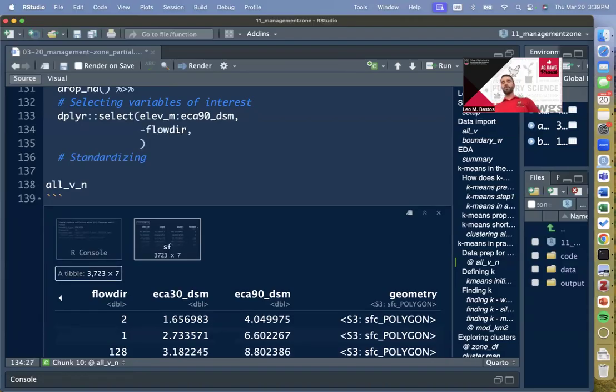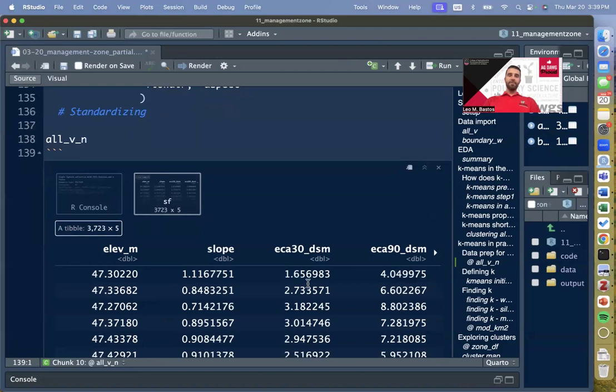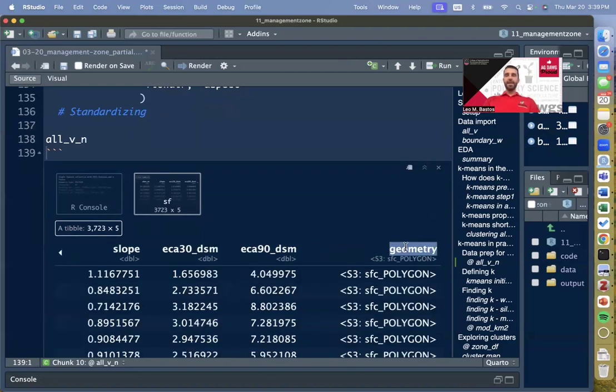And I also want to remove aspect, because although it could be useful to perhaps understand the direction, the way that we represent it in degrees is perhaps not clear for us to make sense of it. So I just want to remove aspect as well. If you run this and you print all_vn, now we have 5 columns: elevation, slope, ECA 30, ECA 90, and geometry.